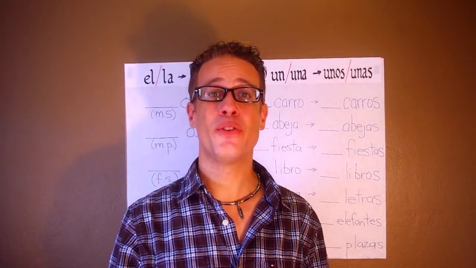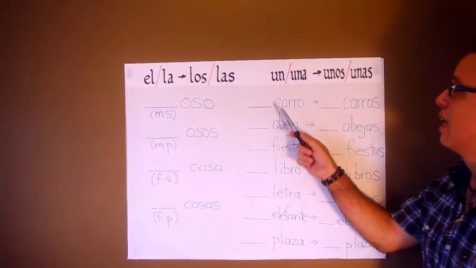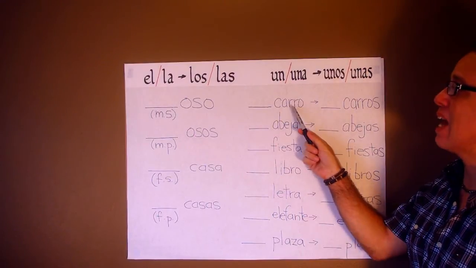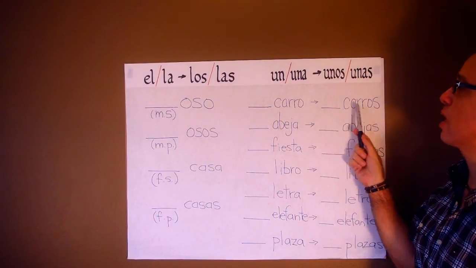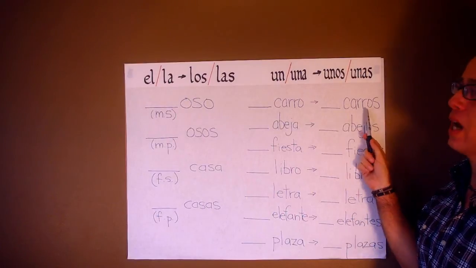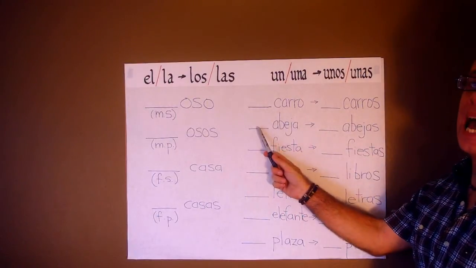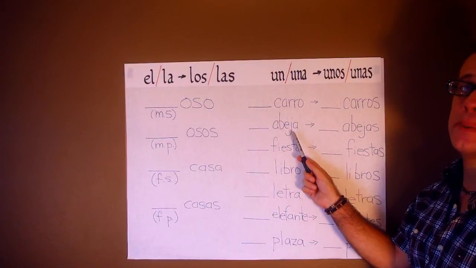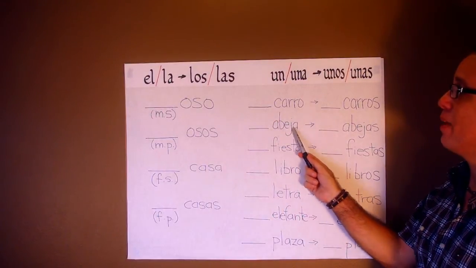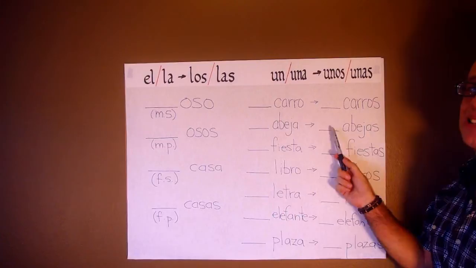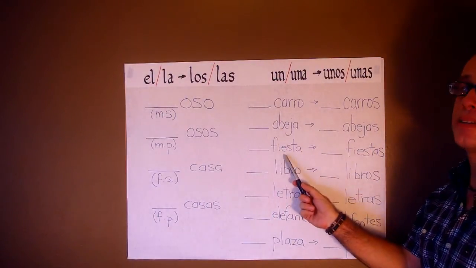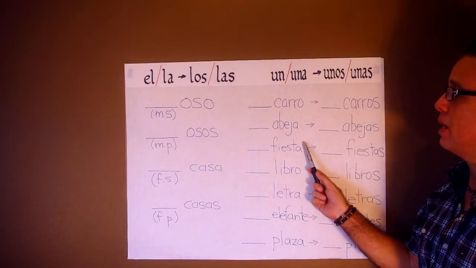Okay, so let's review the answers. This would be el carro, los carros. La abeja, this means bee. La abeja, feminine. Las abejas. Fiesta, party, feminine again.